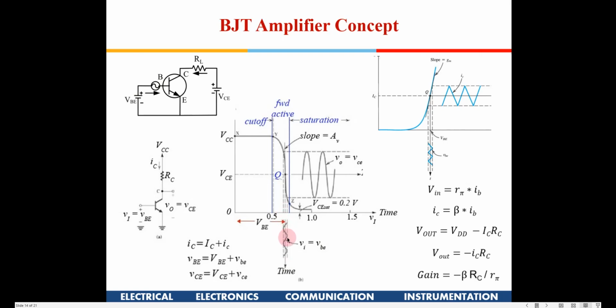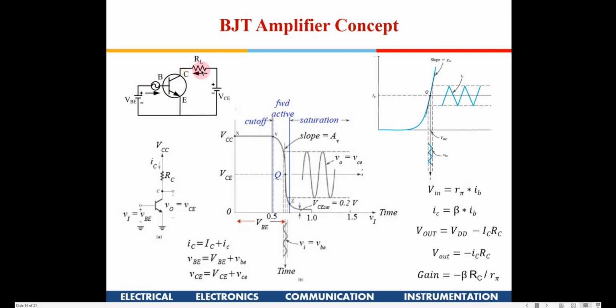Now a small variation in the input current will create a small change in IB, right? And that small change in IB will cause a large change in IC, because the relation between IB and IC is IC is beta times IB, right? So it will cause a large change in current in IC.